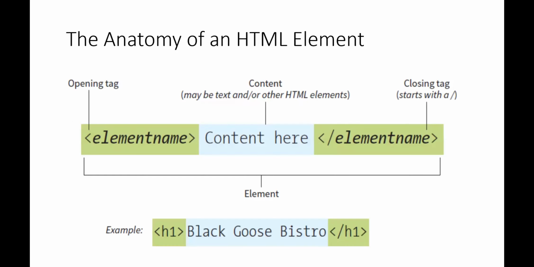Right, now if you look at the anatomy of HTML elements, this is how it looks. Usually, in many cases you will see open and closing tags, and there'll be content in between. For example, we represent headers from H1 to H6.